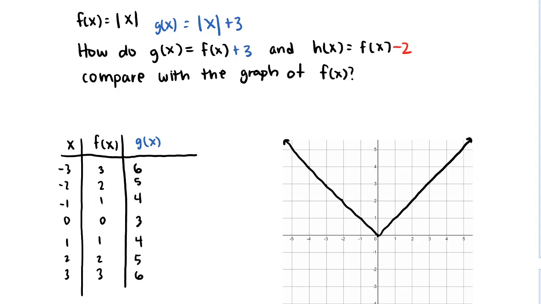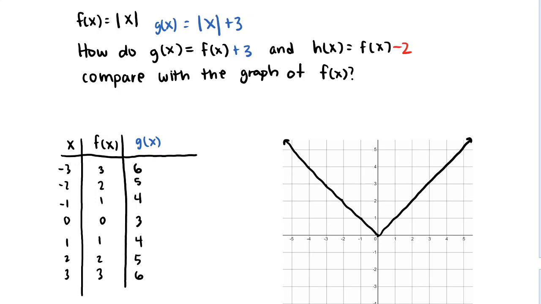So the graph of this g of x function, the function obtained by adding 3 onto f of x, really it's just saying all of my outputs are going to increase by 3. That's what that plus 3 does. And if outputs are depicted by the vertical axis, the output of a point is the vertical position of that point.